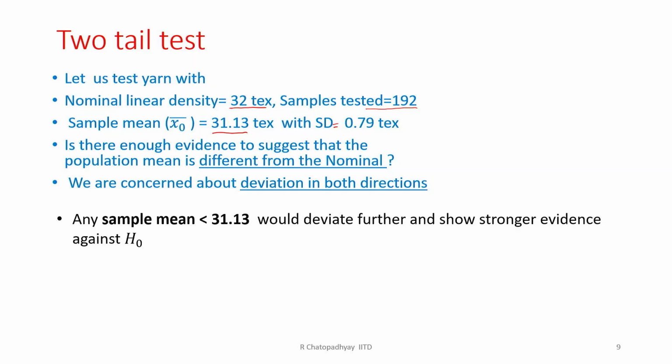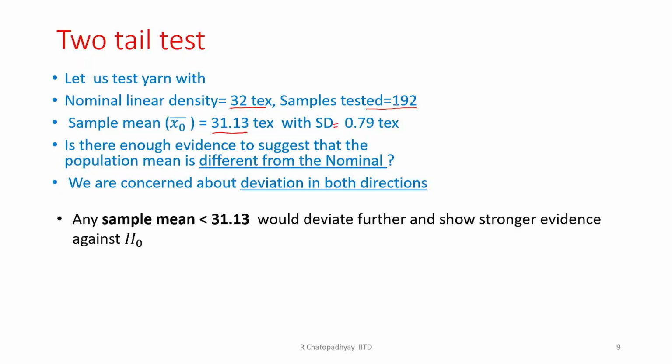So the mechanical parameters of the machine and the linear density of the input material, based on that, we have decided that the machine has been set to produce 32 tex. Now we want to check whether whatever I am producing is really 32 tex or not.